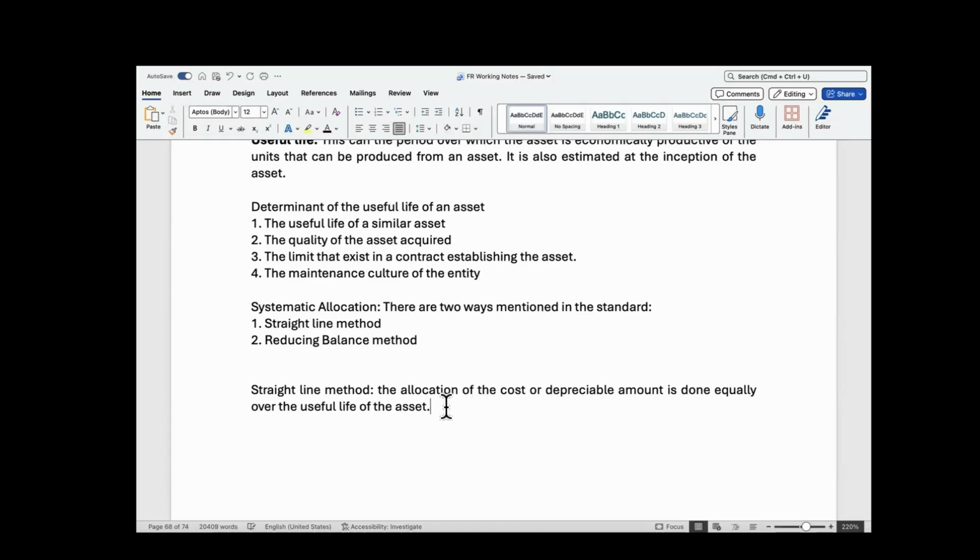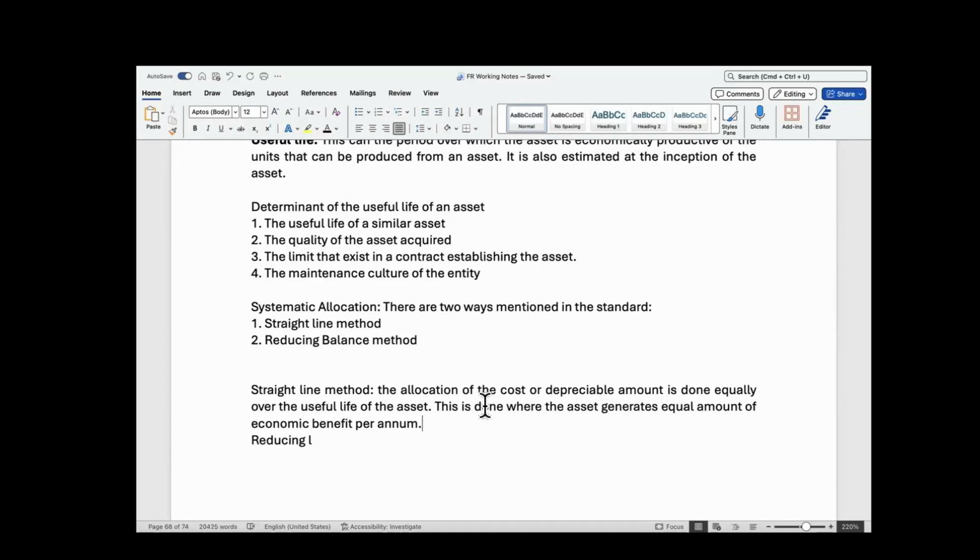So we allocate the cost or depreciable amount equally over the life of the assets. But in fact, and let me write one more sentence to this. And this is done where the assets generate equal amount of economic benefits per annum. So the right method to use is straight line.